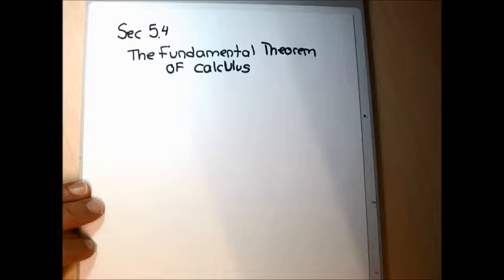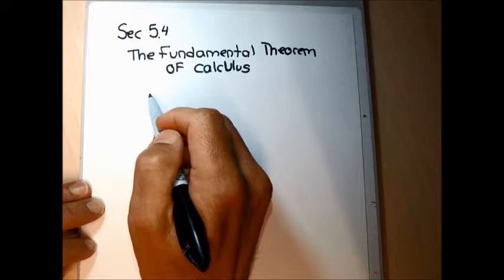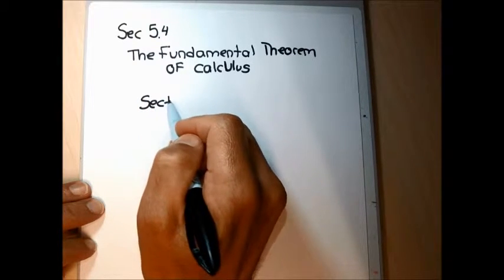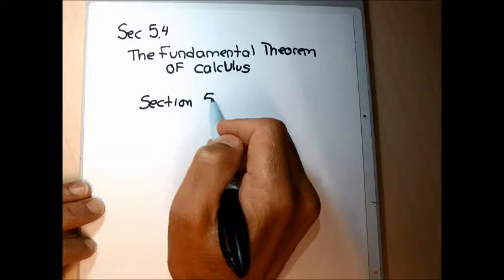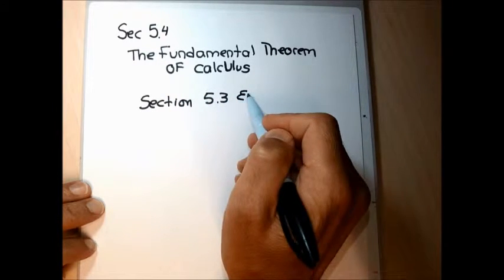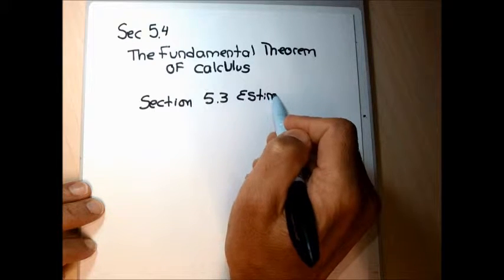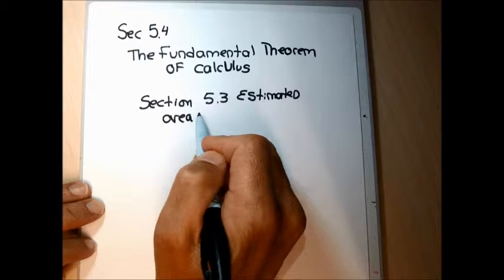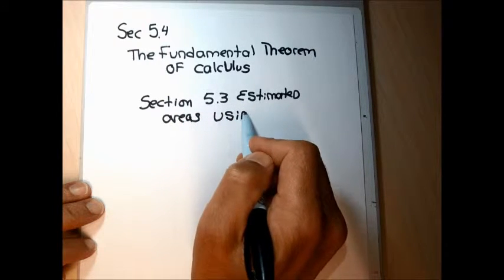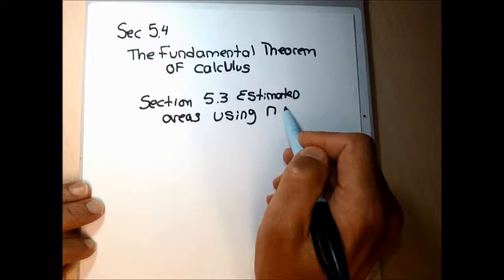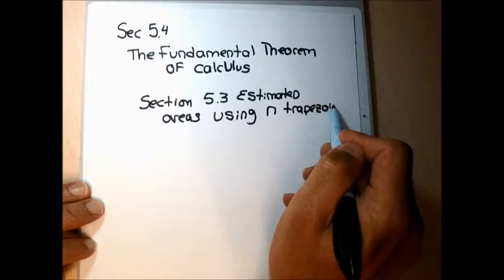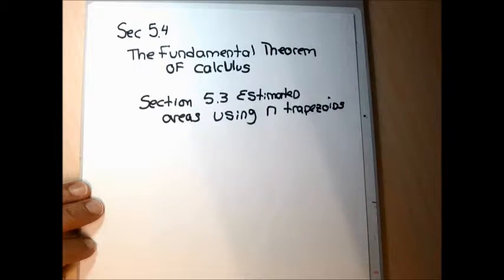Essentially, what we did in section 5.3 is we estimated areas using n trapezoids, and we varied that n. And the bigger the number n, the better the estimate.